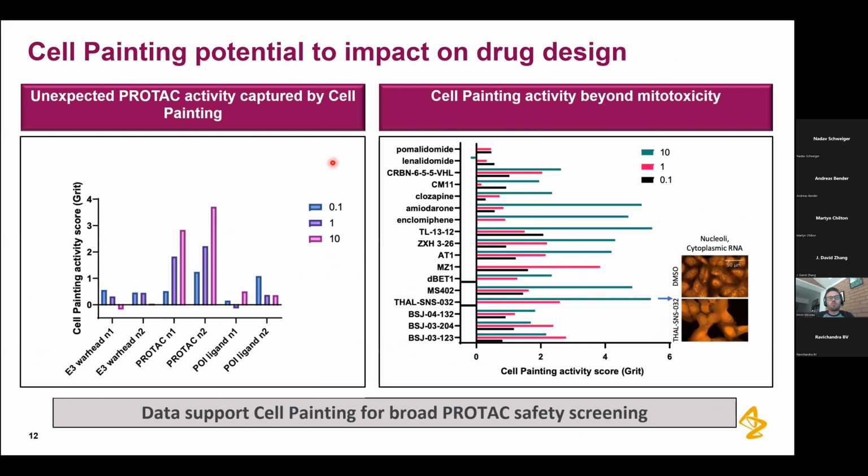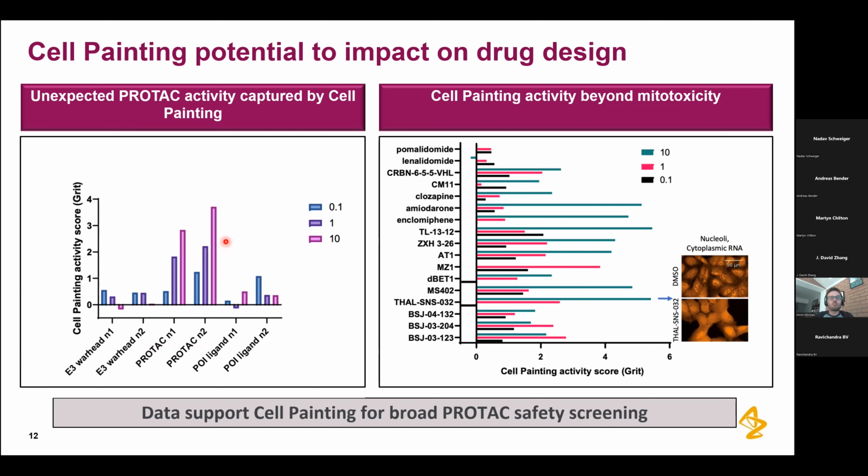We wanted to understand a bit of the nitty-gritty of the dataset and see whether we could drive the SAR with the cell painting assay. That's an interesting observation with the PROTACs here. We screened the binder of the E3 ligase, and we also screened the binder of the target protein of interest, and they were mostly inactive in the cell painting assay. But when you put these two together and form the PROTAC molecules, these PROTAC molecules were active.